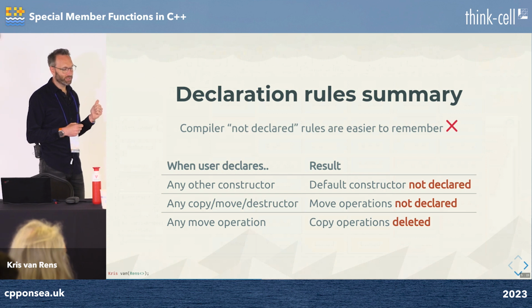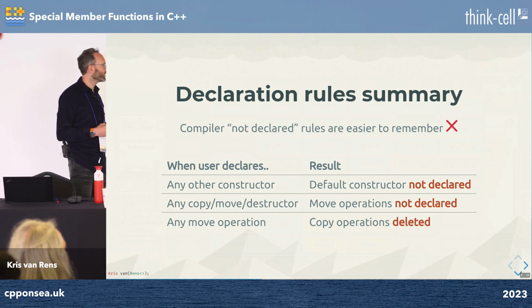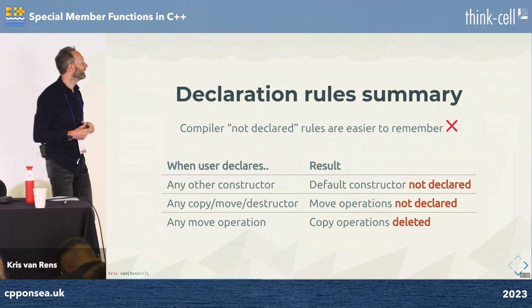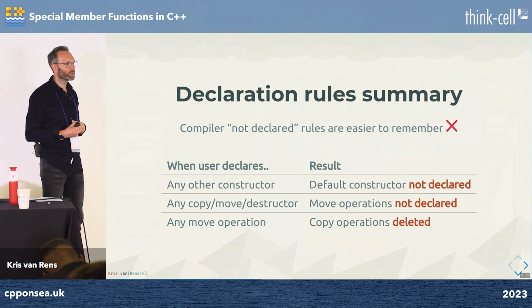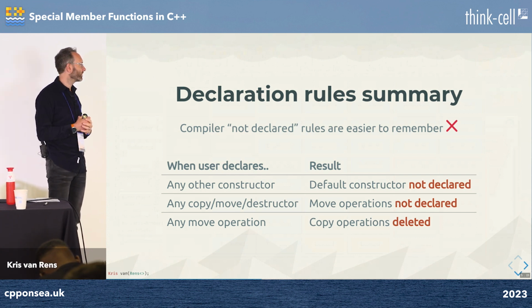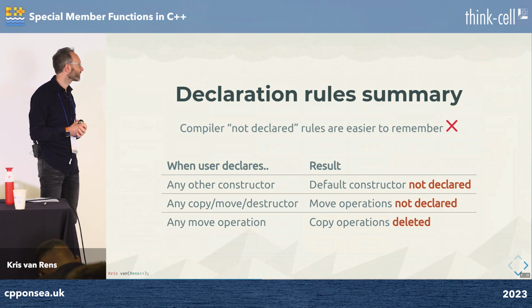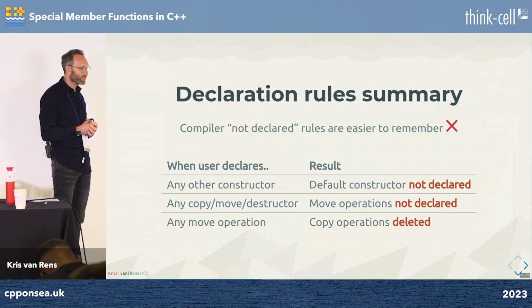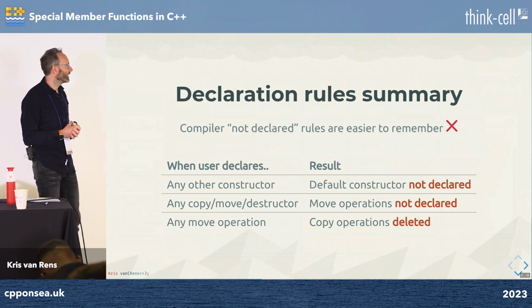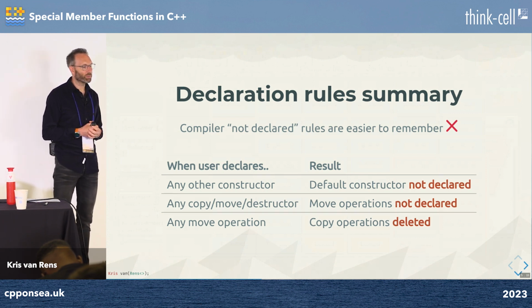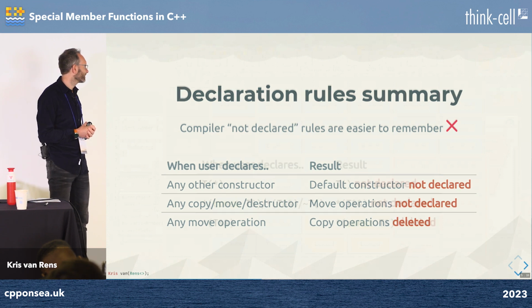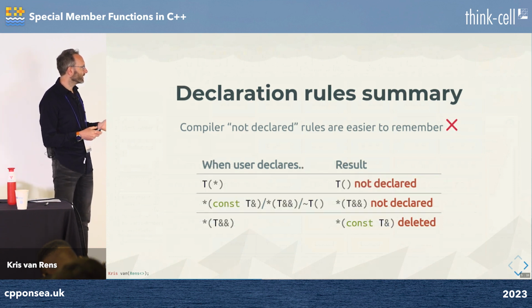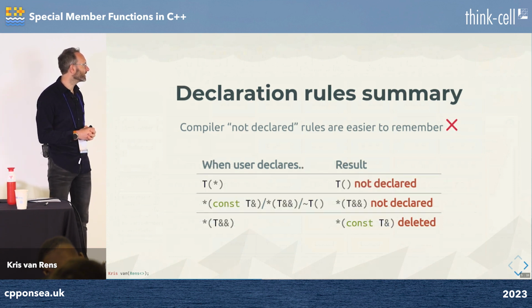If we user declare any copy or move operation or the destructor, the move operations will not be declared. So they will just not be there. And then lastly, if we user declare any move operation, we basically have the copy operations deleted. I actually remember these more easily like this.